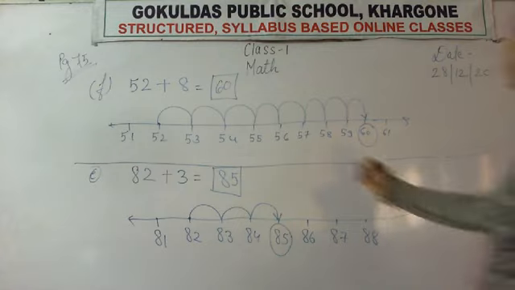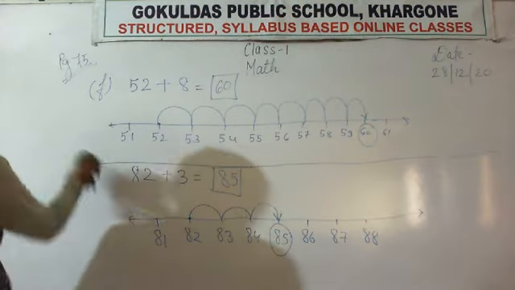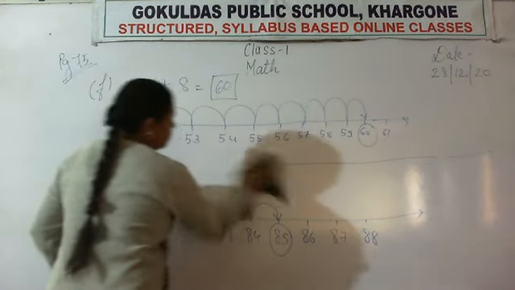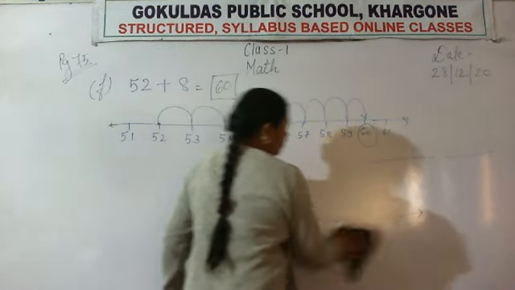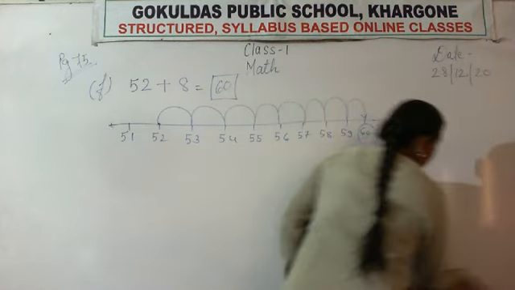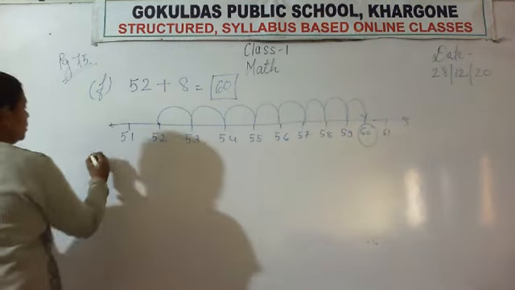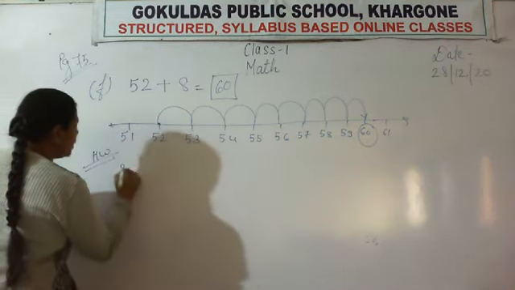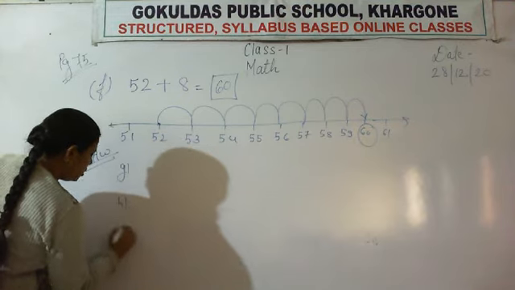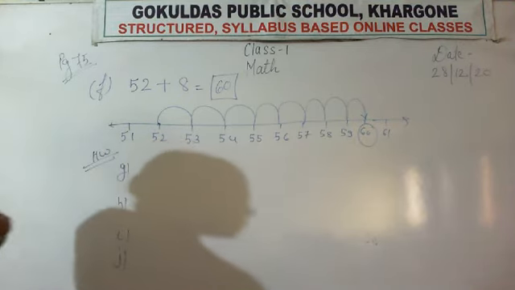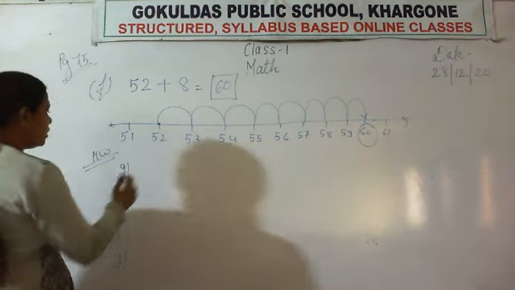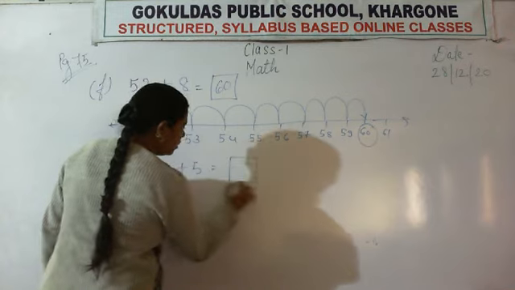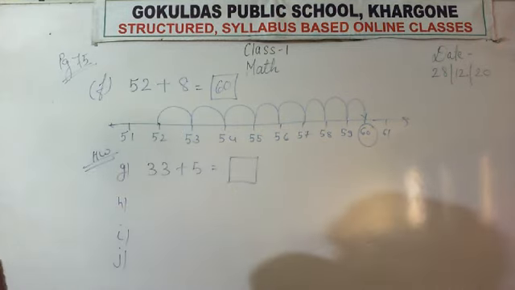So write homework. Homework. Till F we have done. So after F write G, H, I and J. 4 questions I am going to give you. Write 33 plus 5.